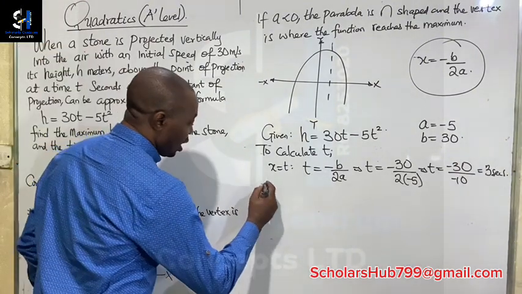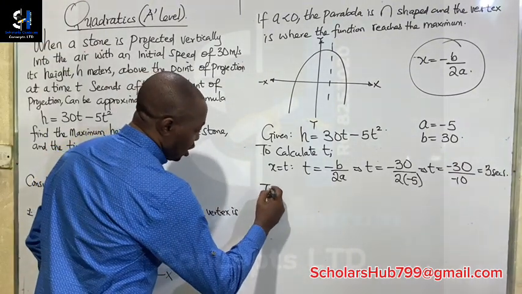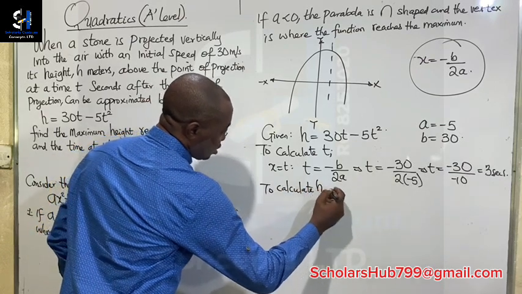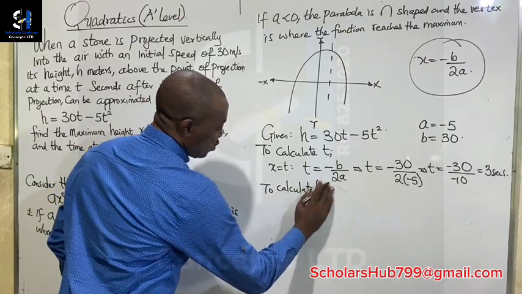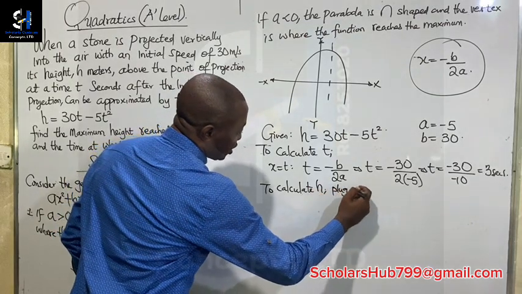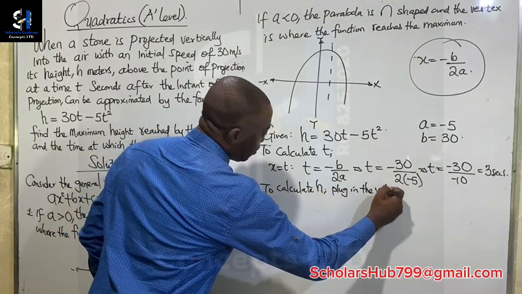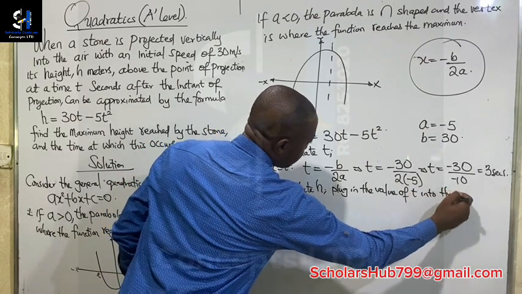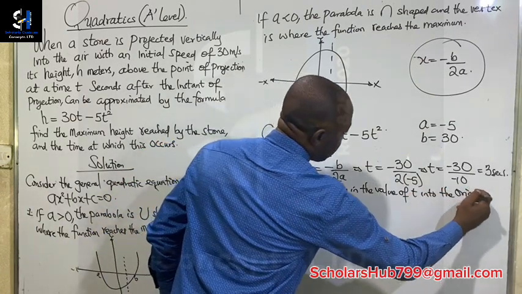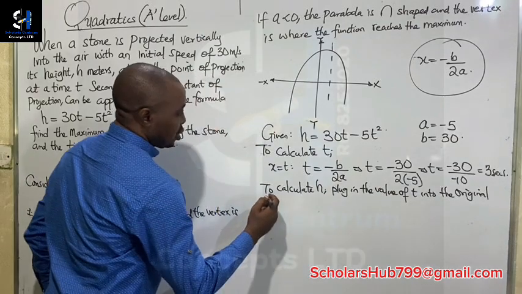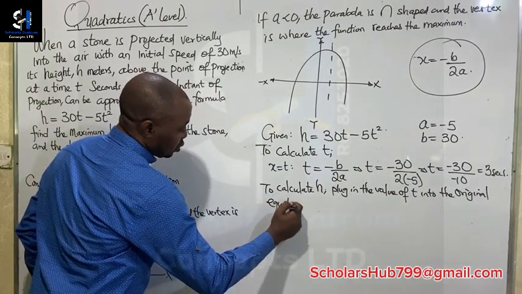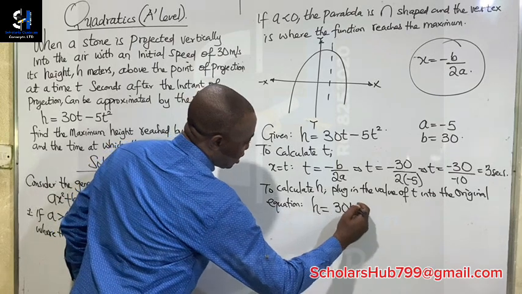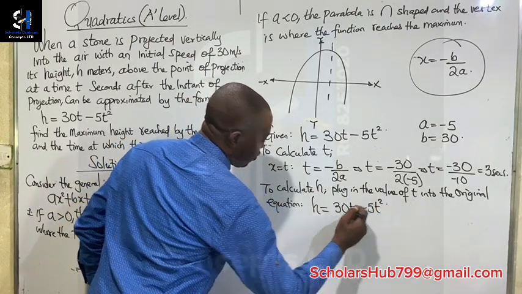So we just found t. Now, to calculate the maximum height h, plug in the value of t into the original equation. What is the original equation? h equals 30t minus 5t squared.